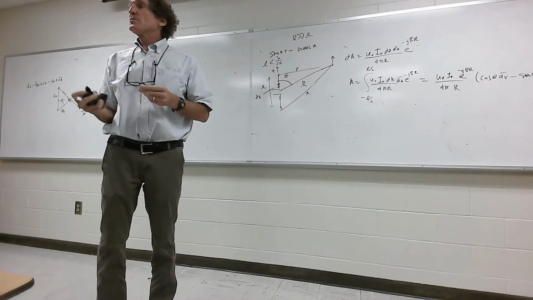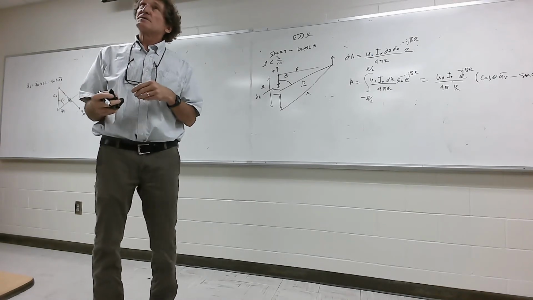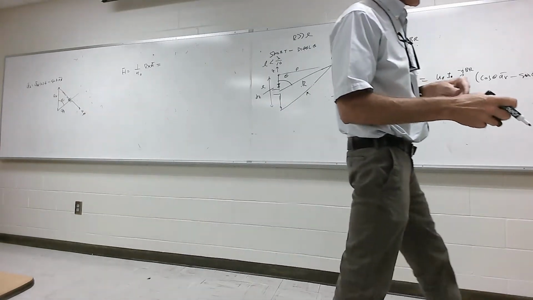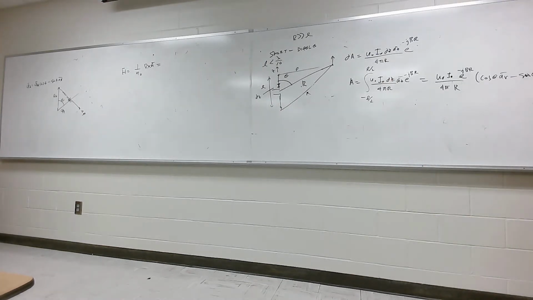And if I'm doing a curl in cylindrical coordinates, if you look at the back of the book, the very back of the book, he has the curl in cylindrical coordinates shown, but it's wrong in my book.